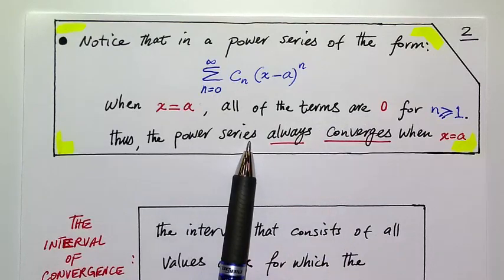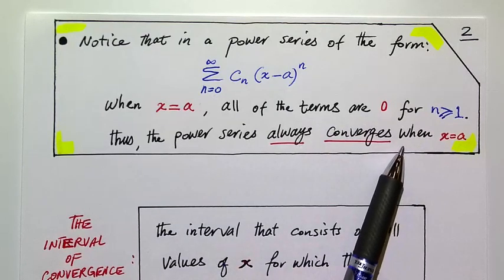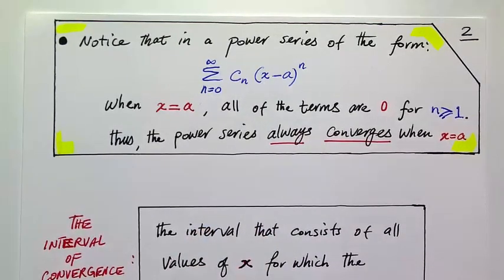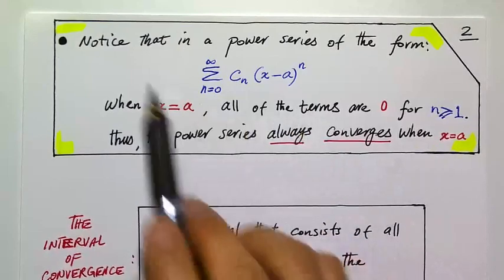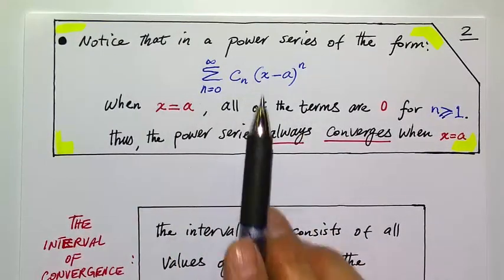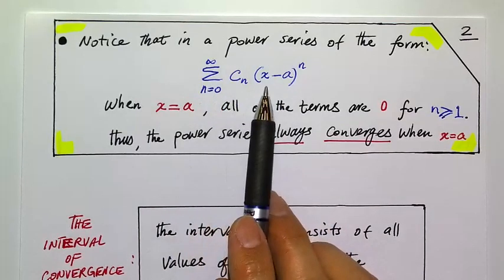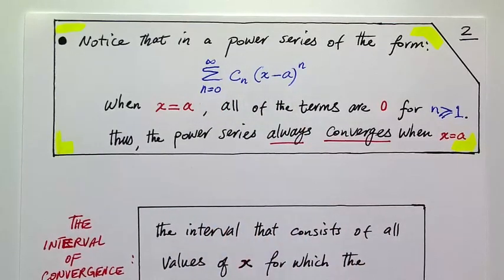And the power series always converges when x equals a. That is a good application of this information: no matter what the power series, it will always converge when x equals a.